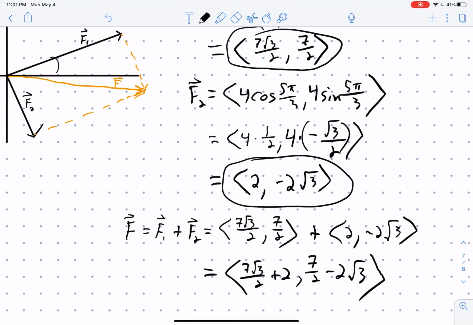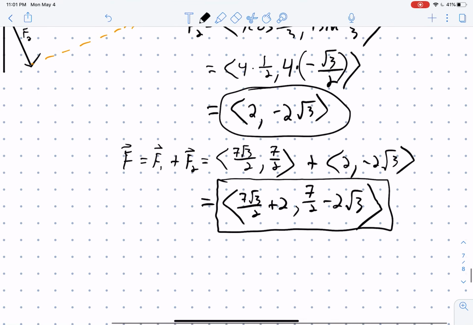First of all, this is the resulting force, F. A little calculation, if we want to plug these into our calculator and get decimals, that helps for graphing purposes.